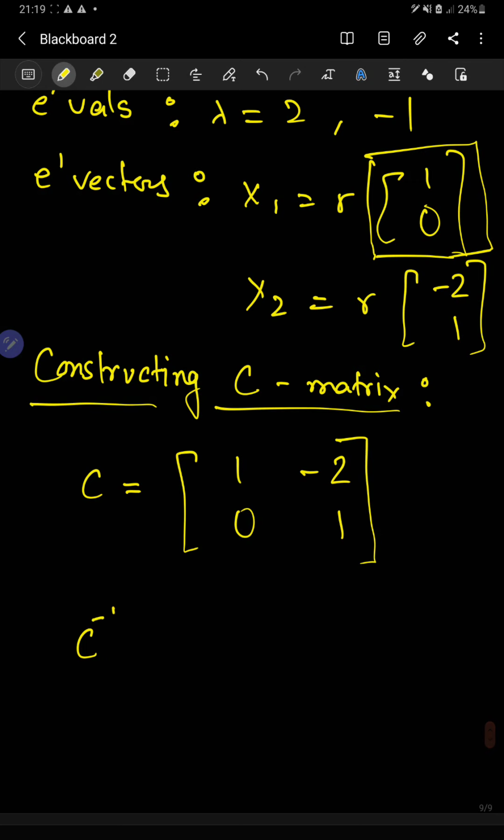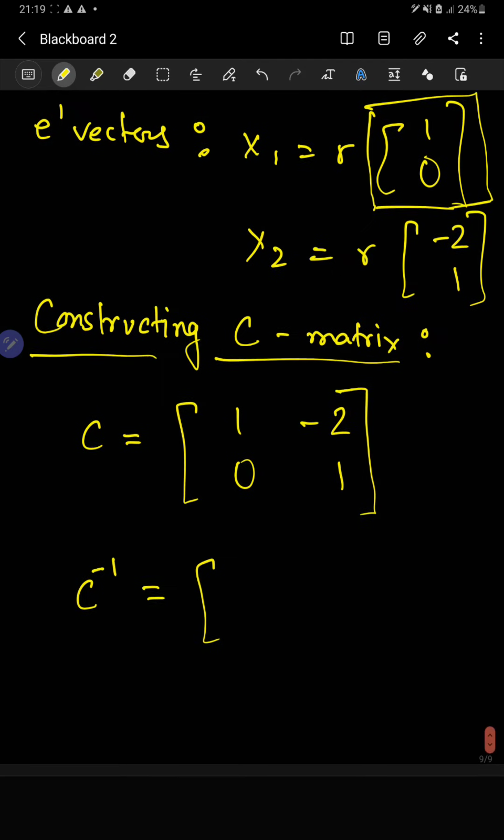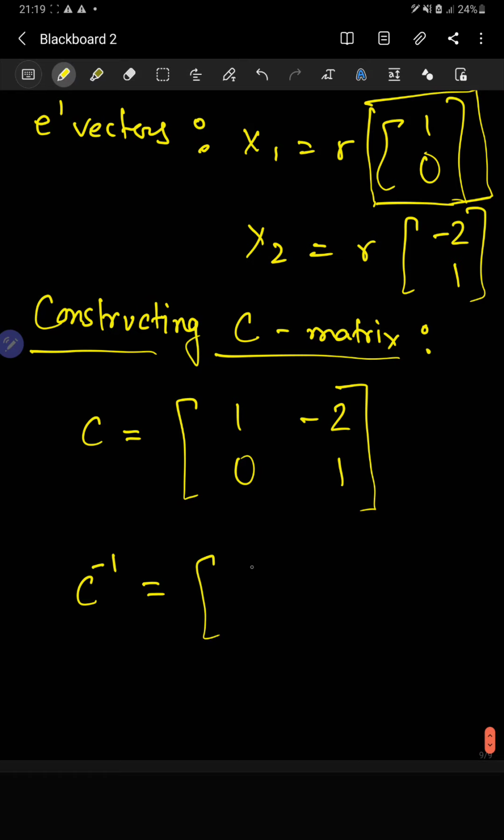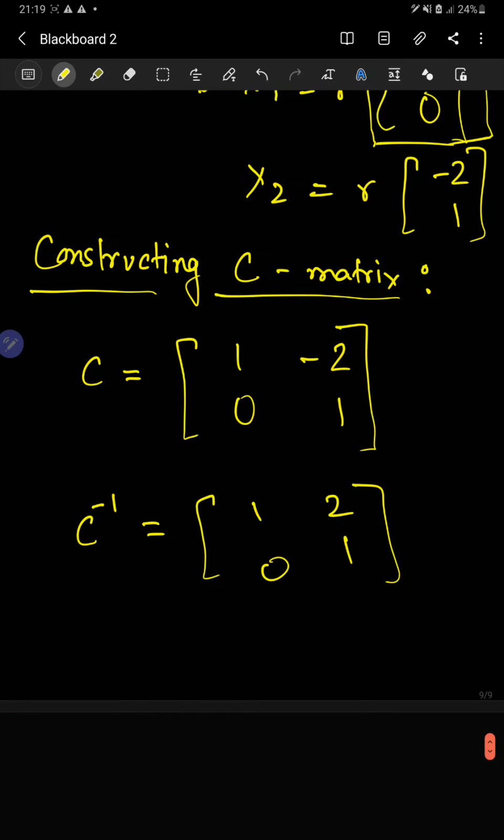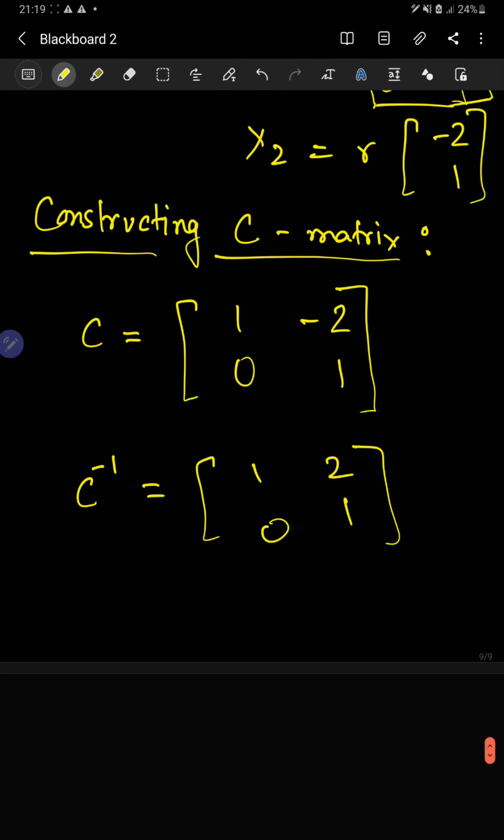So how do you find the inverse? In 2 dimensions, it's very easy to find the inverse. In 2 dimensions, you swap the diagonal entries. Since they are 1, even if swapped, you won't be able to distinguish. And we take the off diagonal elements and put a negative sign in front of them. That's why you don't have the 2's.